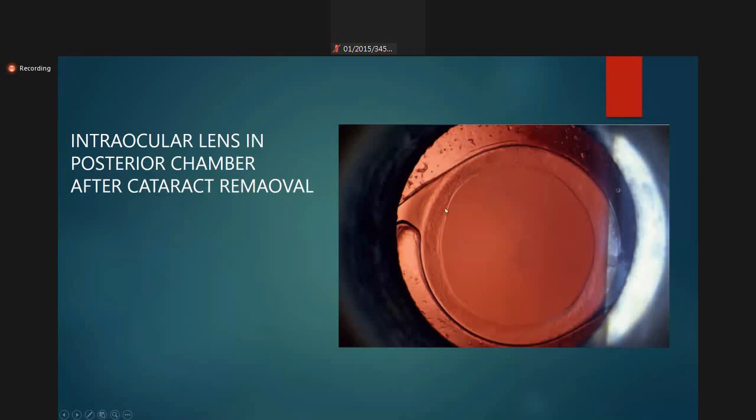There are two parts of the intraocular lens: the optic part, through which we can see, and the arms of the lens, known as haptic. This case is after cataract phacoemulsification, after cataract extraction.